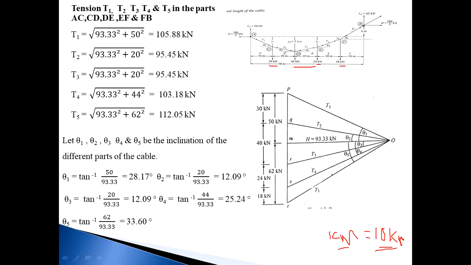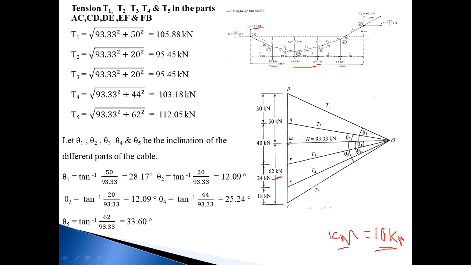Now VB is 62 kilonewton, going in the upward direction, so mark a distance of 6.2 centimeter from point T and you get point M. Then from point M, the MP distance is 50 kilonewton. So this is your vertical load diagram.